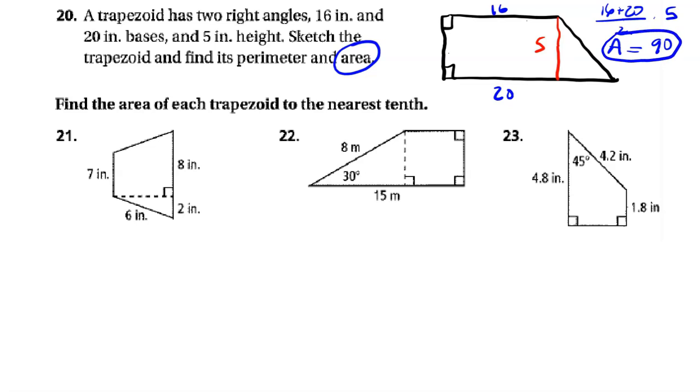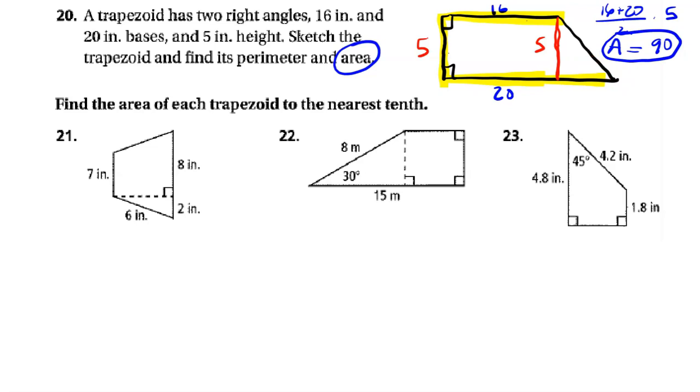Perimeter is going to be a little bit trickier. Since this line is 5, this line is 5. So 3 of the sides I could lock down: 16 plus 5 plus 20. But I seem to be missing this piece right here. So that's what we've got to try to figure out.